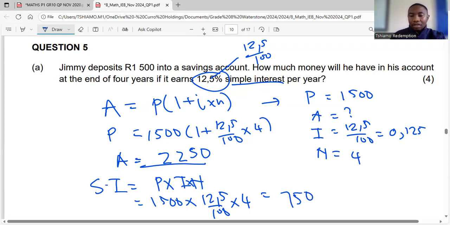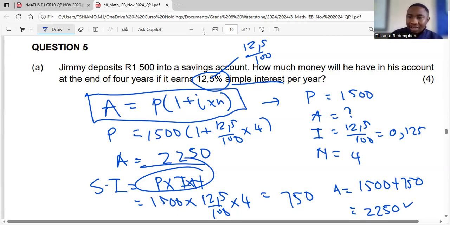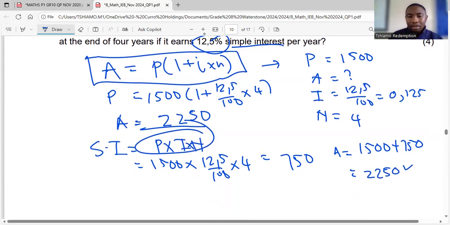And then if you're looking for the future value, you're going to add 1,500 plus that one, which gives you 2,250. So whichever method you use, this one takes you straight to the answer. This one gives you the interest, and you need to take the interest, add it to the original amount that you deposited.